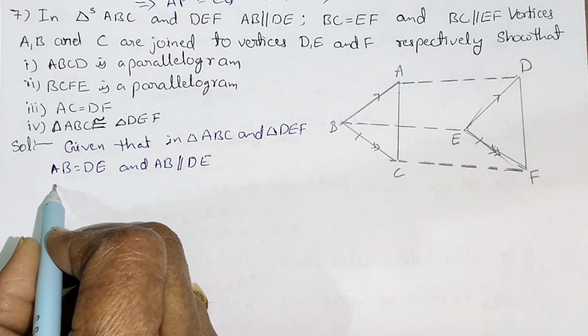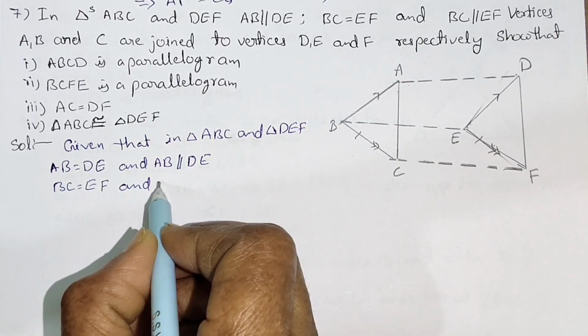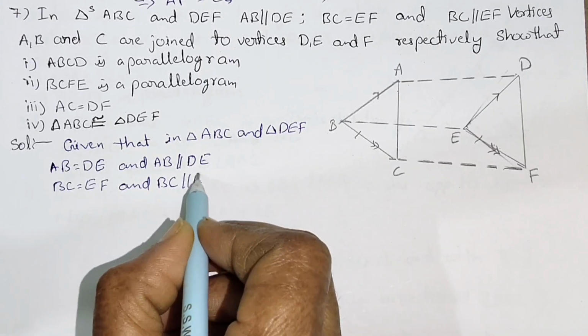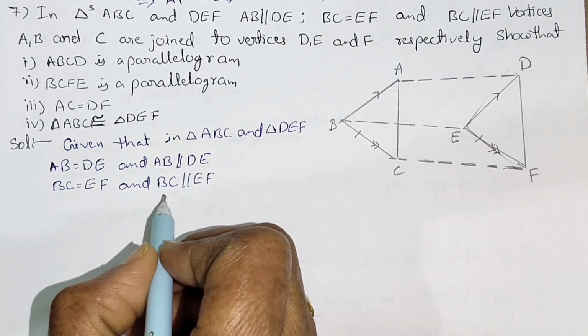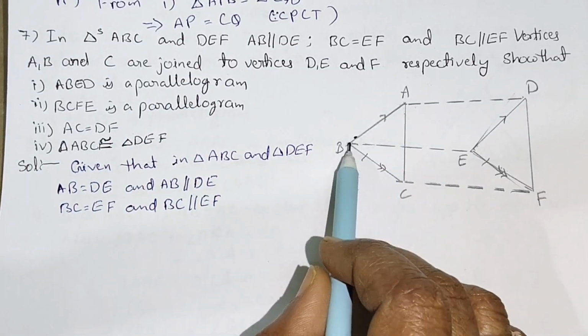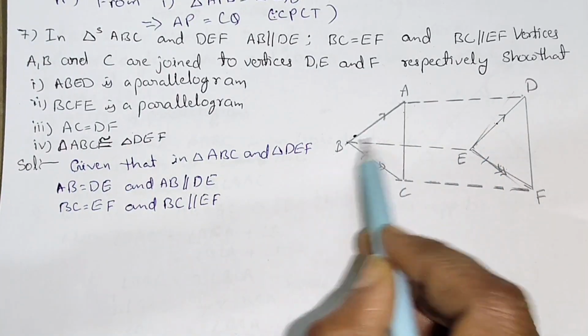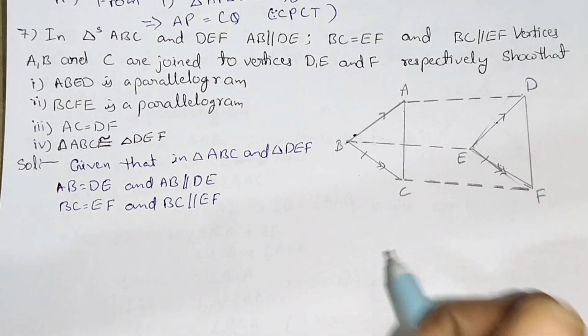Next, BC equal to EF and BC is parallel to EF. These two are the parallel sides. First, ABED is a parallelogram. These two are parallel lines and AB equal to ED.